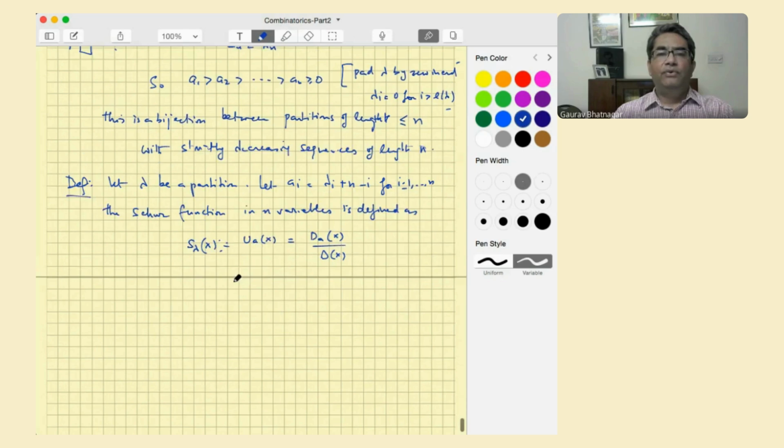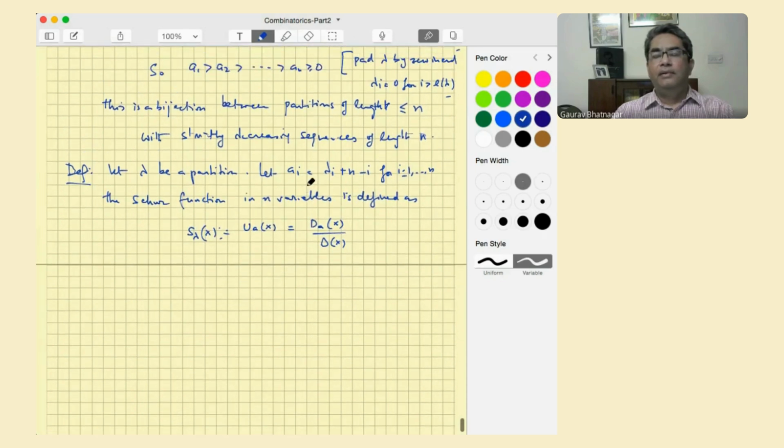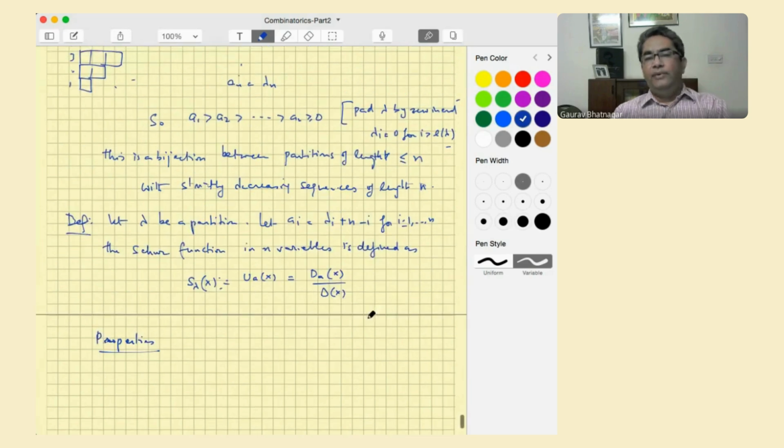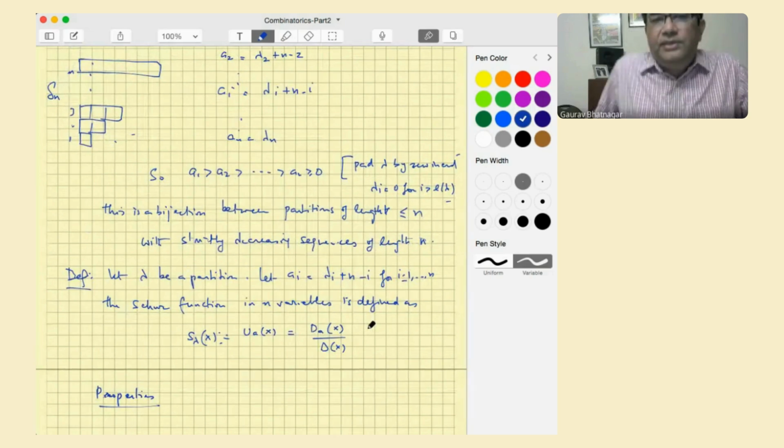And this is for length of lambda smaller than n. So any questions? So this is our definition.